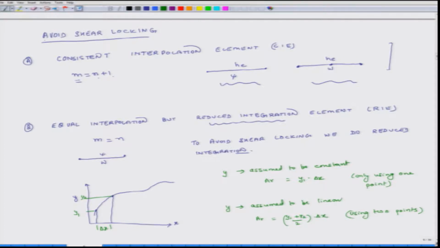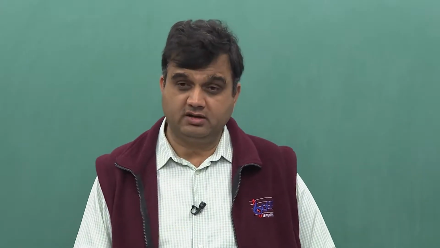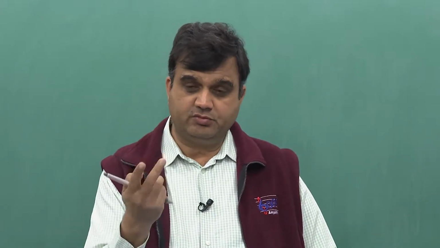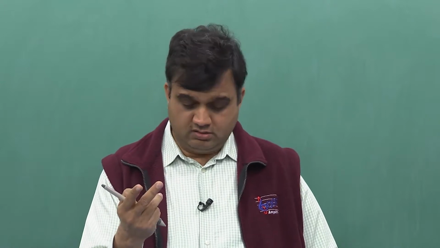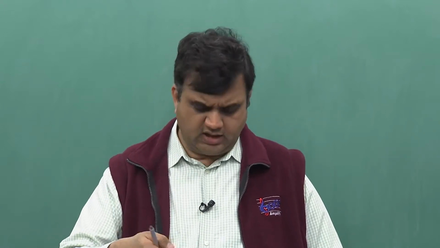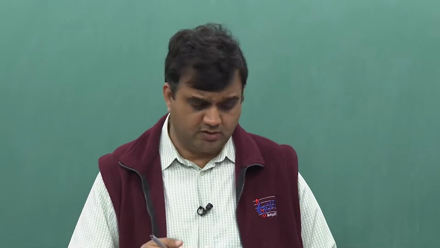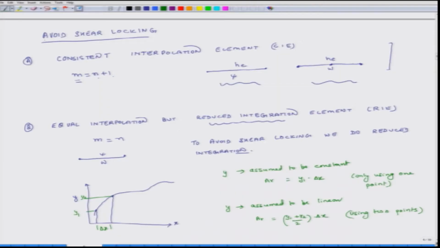In the first case I am using only 1 point, in the second case 2 points. I can extend this logic. If I assume y to be quadratic, then I will consider 3 points in the domain to find the area, and we can work out the formula, that is not the problem. So we need 3 points.